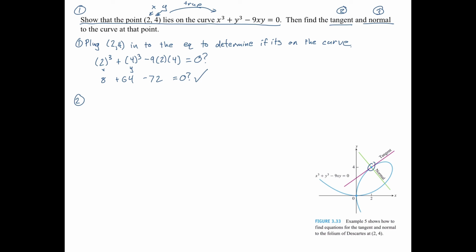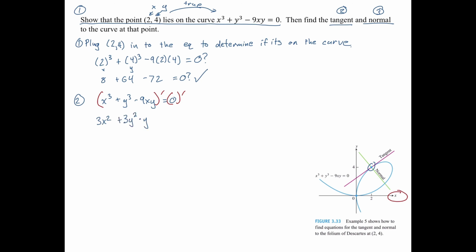Take the derivative of this equation, x cubed plus y cubed minus 9xy equal to 0. Take the derivative of both sides, and we're going to be treating it with respect to x, whatever is our horizontal axis. So we have 3x squared plus 3y squared times y prime.